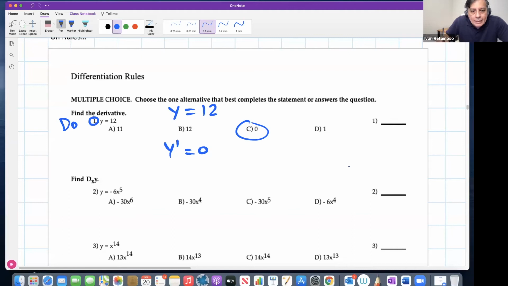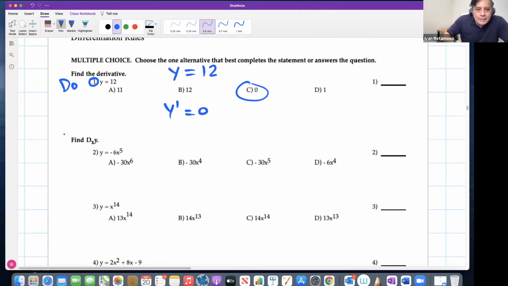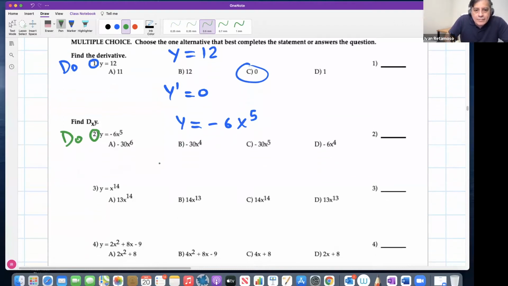That's it. Here is another one with this other notation, right? Find dy/dx, the derivative of y with respect to x, of this function. Now the function is y equals minus 6x to the 5th. Can you figure out the derivative of this guy? Find the derivative of y with respect to x.